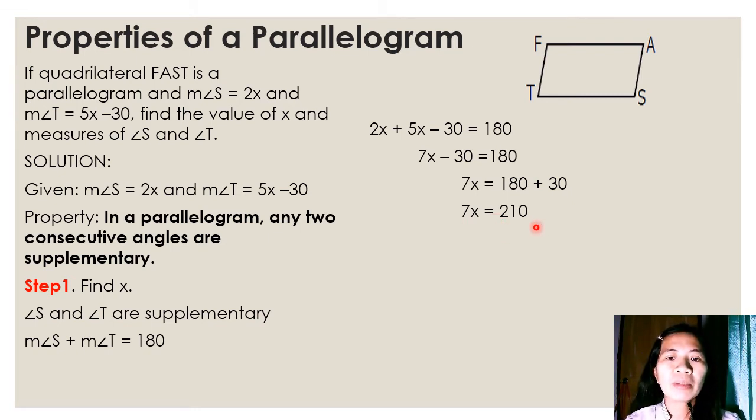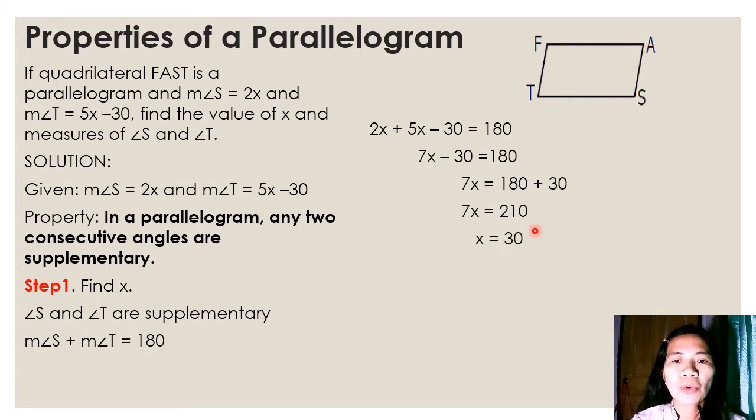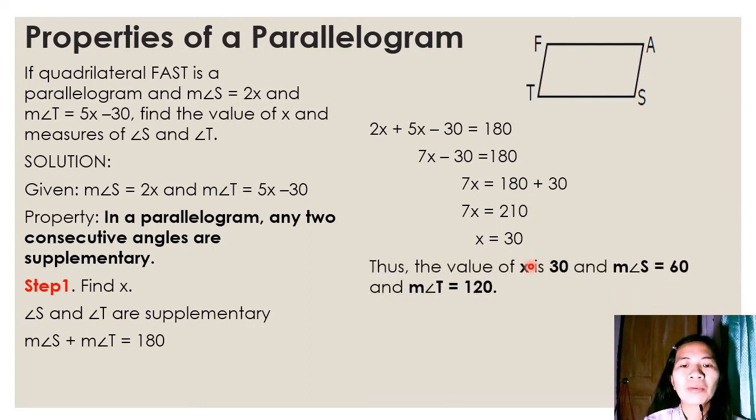Then divide both sides of the equation by 7. So x equals 30. Thus the value of x is 30.